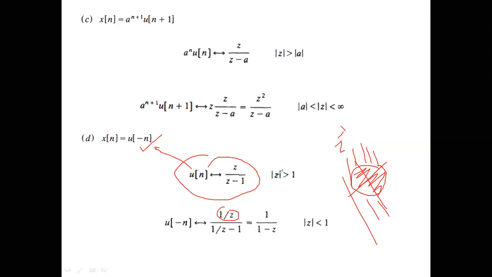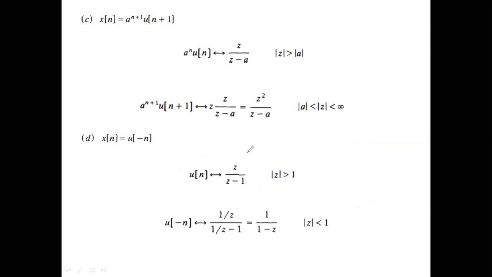In place of z, we got 1 by z, which should be less than 1, which straight away means magnitude z less than 1 is the new ROC. So whatever was outside the circle has now turned into inside the circle. These are the first trivial problems.